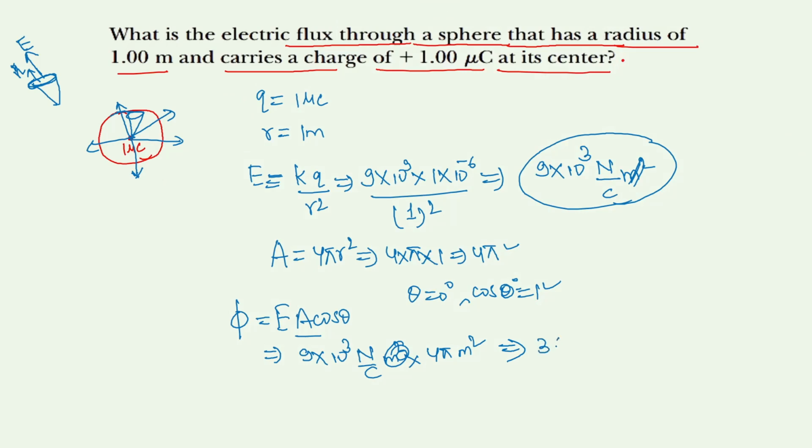On solving this, we get 36 pi into 10 to the power 3 Newton meter square per coulomb. So this is the total flux coming out from the sphere.